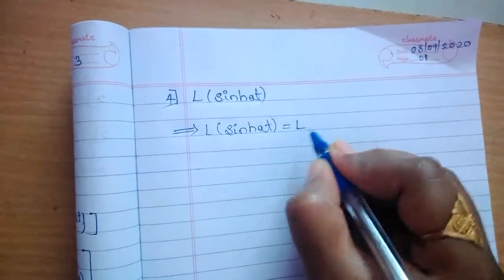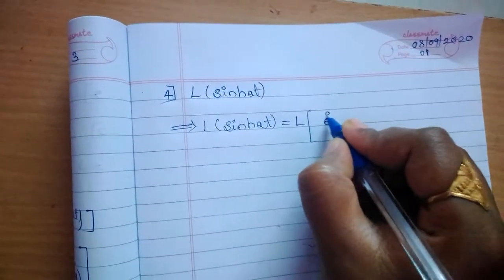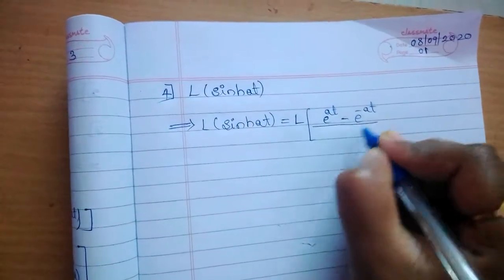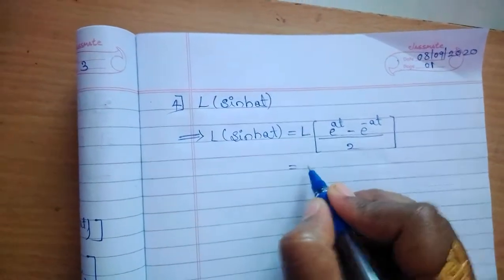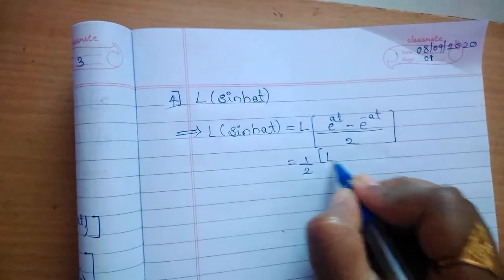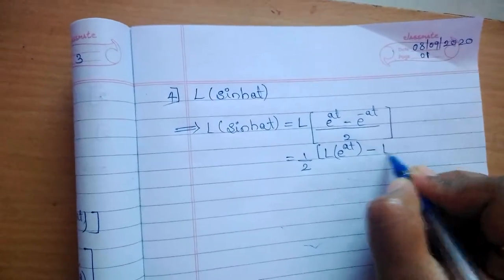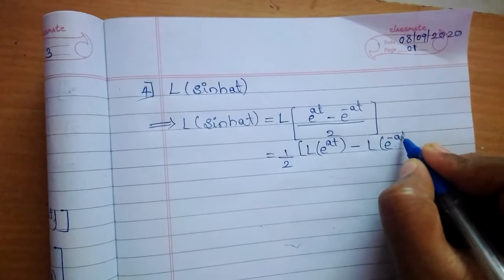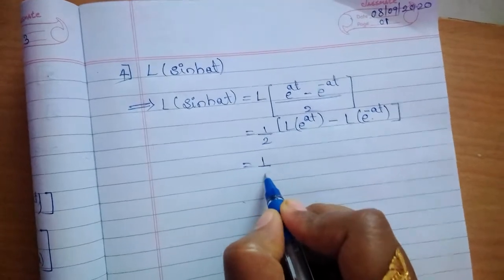Here use the result of sinh at, that is e raised to at minus e raised to minus at divided by 2, which is equal to, here 1 by 2 is constant, take outside, we get Laplace transform of e raised to at minus Laplace transform of e raised to minus at.